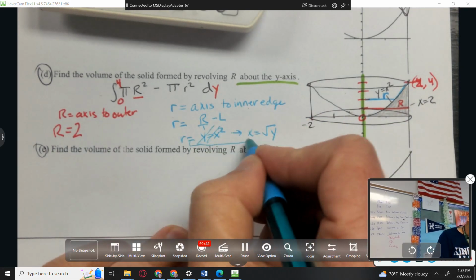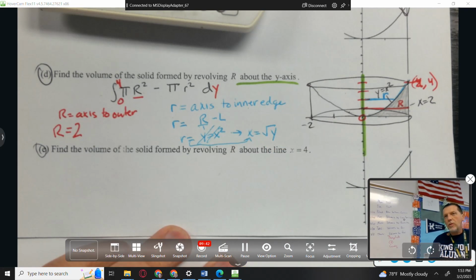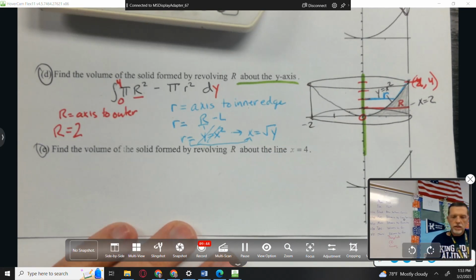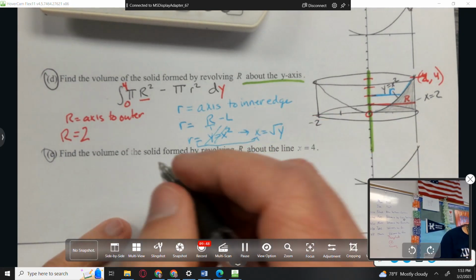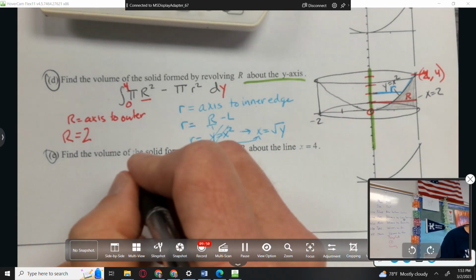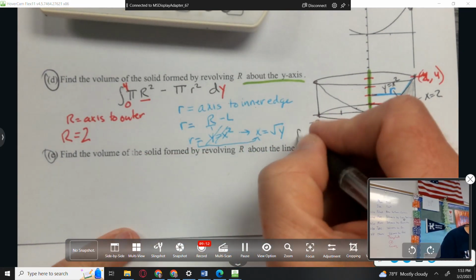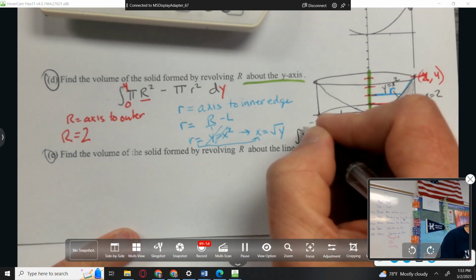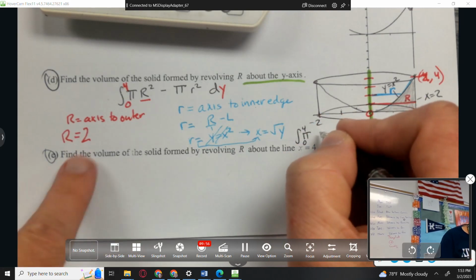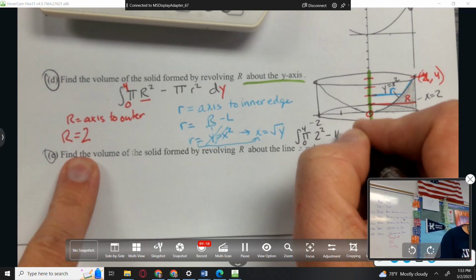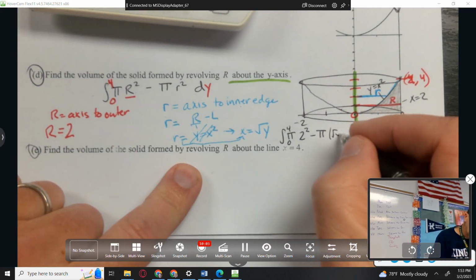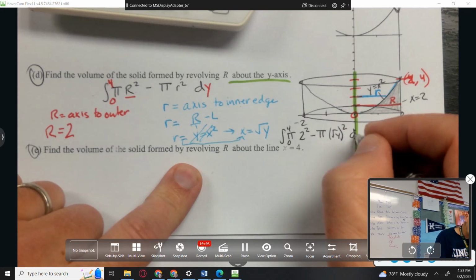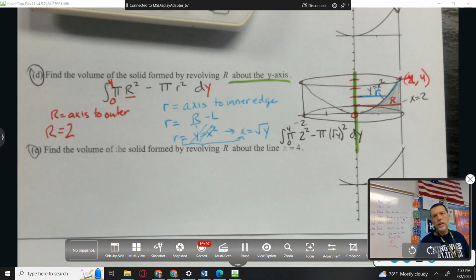Little r is an x value, so it's the square root of y. So we're going to put this in: pi, 0 to 4. Big R is 2. Little r is square root of y, squared, dy.